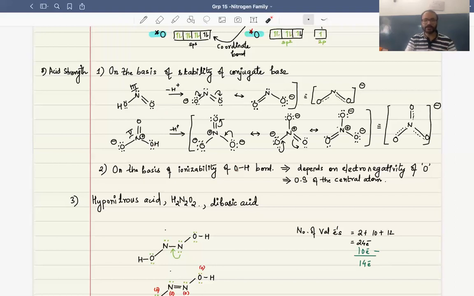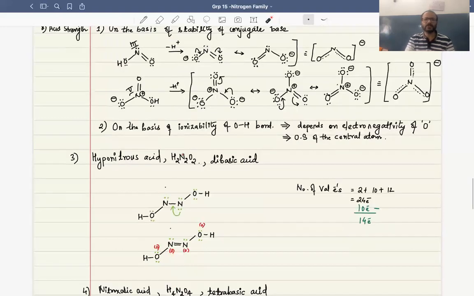So these are the two bases on which you can tell about the acid strength of any particular acid: on the basis of the conjugate base, or on the basis of the ionizability of the OH bond.